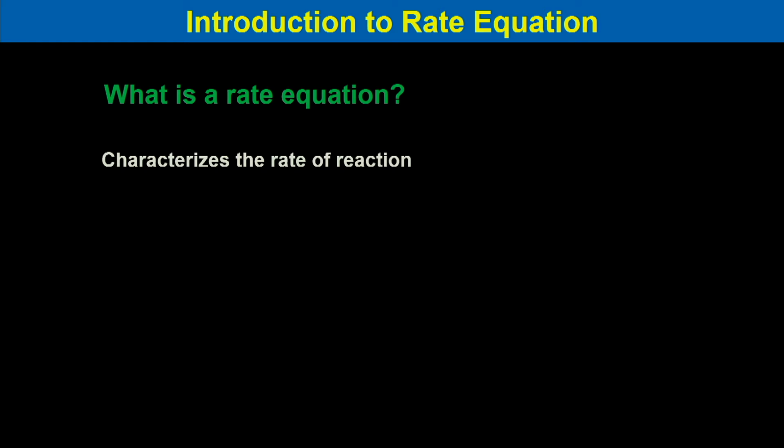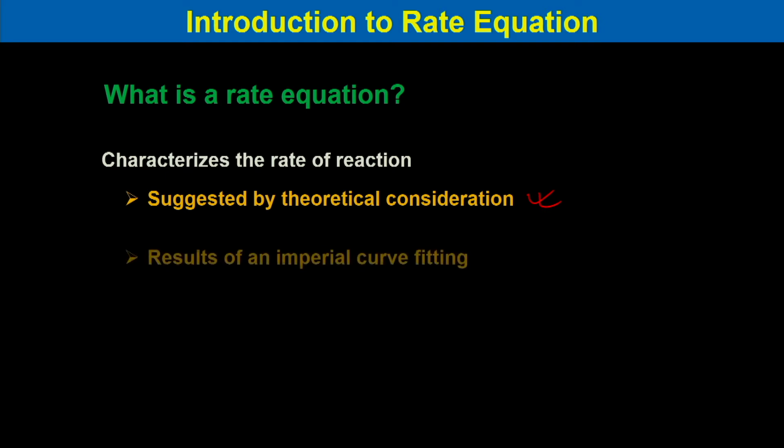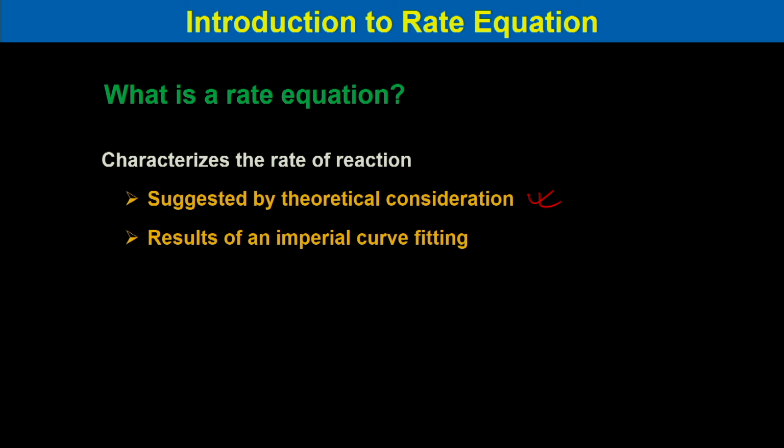So, how to characterize the rate of reactions? We can characterize the rate of reaction by an expression which can be suggested from theoretical consideration, or it can be obtained as the result of an empirical curve fitting.